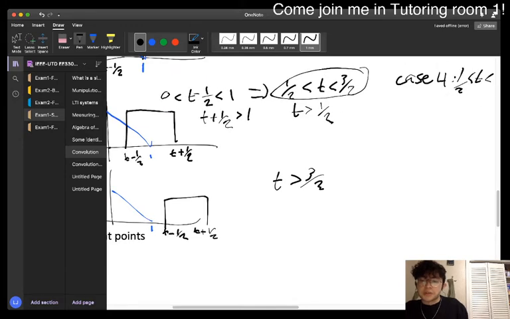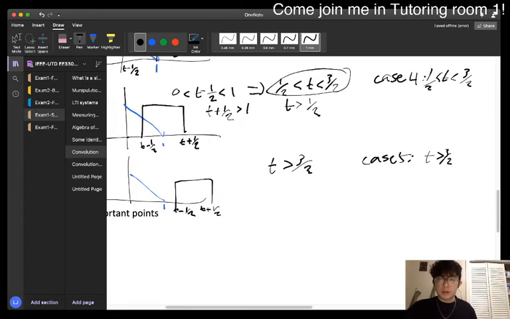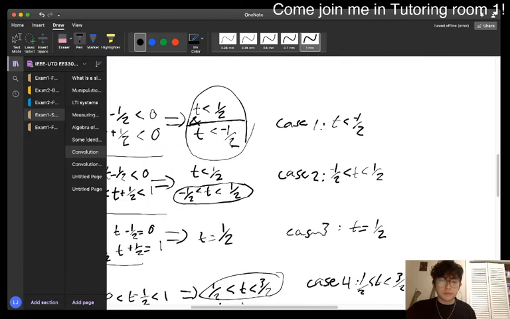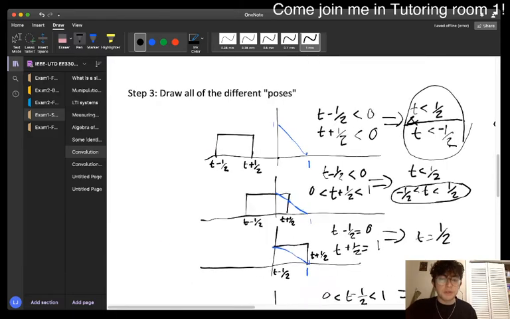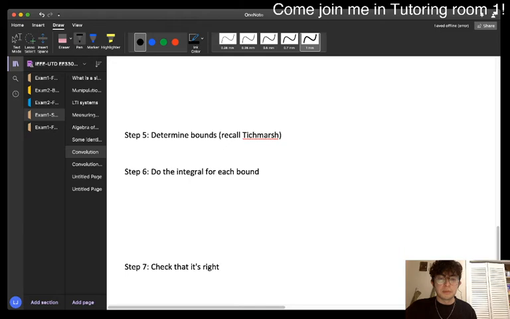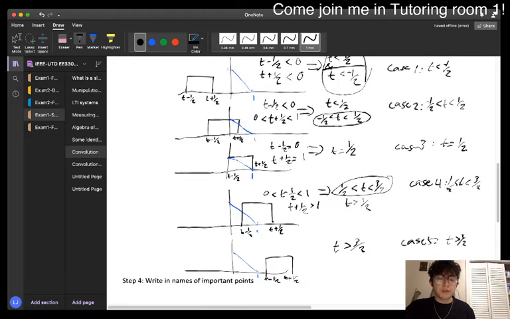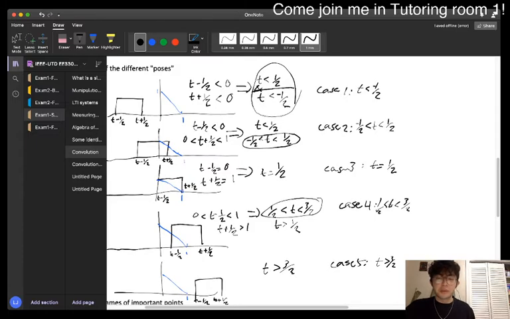Please chime in if it's not clear why. Yeah, so we got all that. And so we have a bunch of cases here. So what do we do now? We need to figure out all of the integrals now. So we just need to write the integrals, and then from there we will basically have our solution.